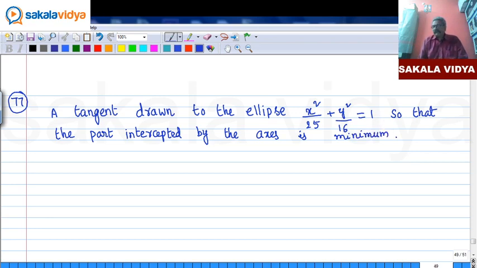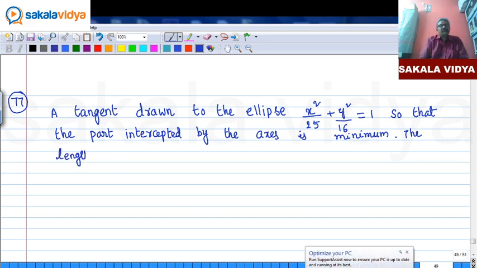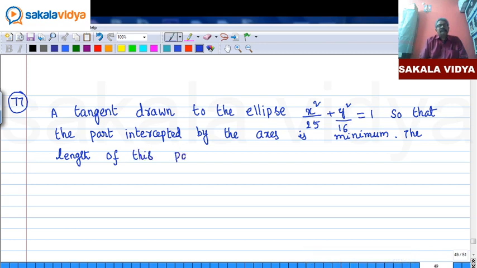The length of this part of the tangent is.